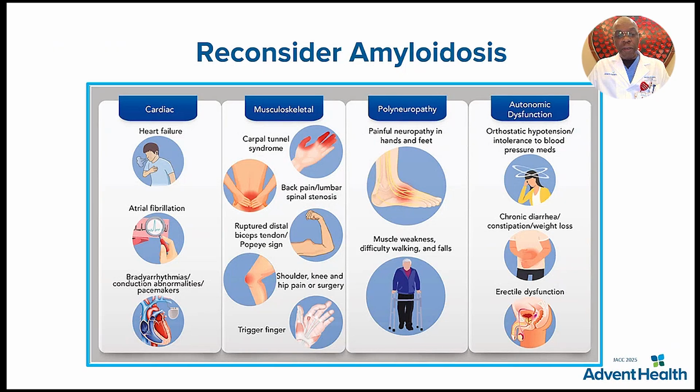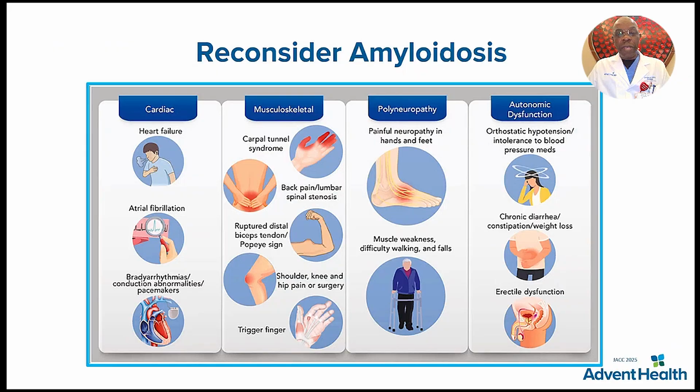Amyloidosis is different than other causes that we listed on the previous slide. Here, amyloidosis can be associated with, first, the cardiac issues of heart failure, atrial fibrillation, or abnormal heart rhythms. But then the patients can develop a wide constellation of other conditions, including musculoskeletal, neurologic, and autonomic dysfunction.